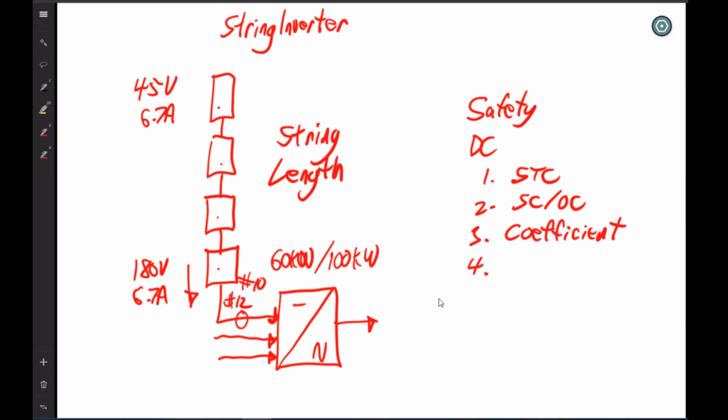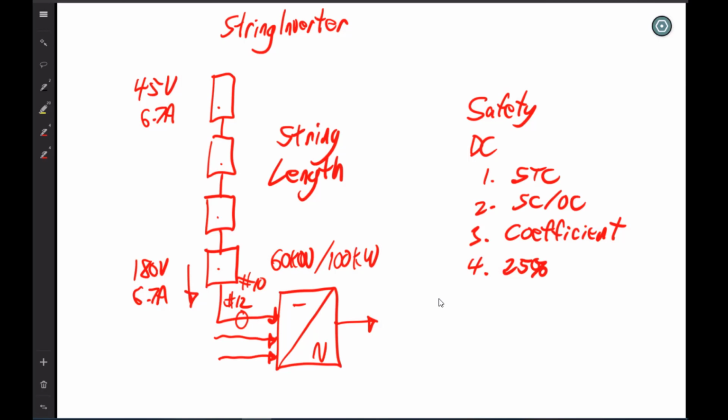So there's a coefficient that you add to the calculations to make sure that you've compensated for your area. Standard test conditions, short circuit, open circuit values are all fixed in a lab. The coefficient compensates for where you are on the planet. The fourth one is a 25% safety factor that you have to add to everything because it's a continuous load.